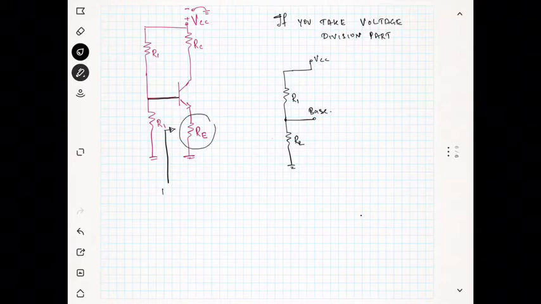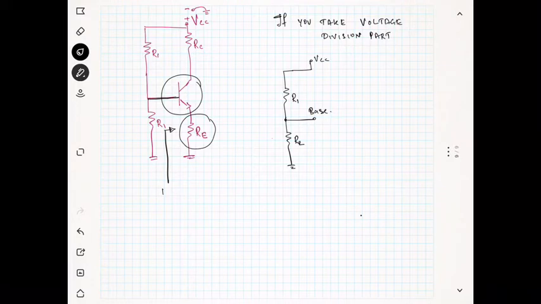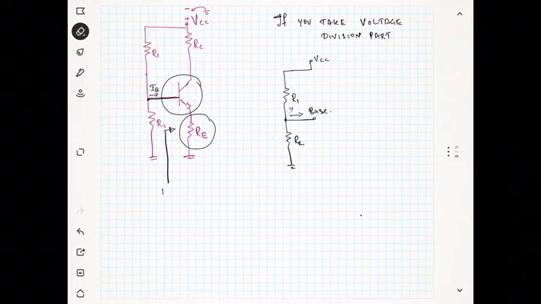There is a resistance RE, and also we have the transistor. Due to the effect of this RE and the transistor, the current which is going into the base is known as the base current. The base current may face some resistance. So how do we find this resistance?